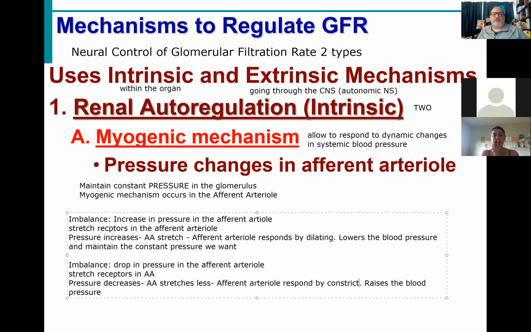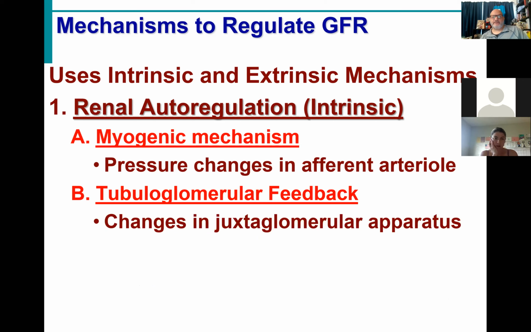All right, excellent. If we understand this one, then the good news is we already learned the second one. The second regulating process of the kidney, that intrinsic one that we talked about, is tubuloglomerular feedback. Right, changes in the juxtaglomerular apparatus. Now for this one, and let's go back because I want a little bit more room to write than we've got here on the board now.